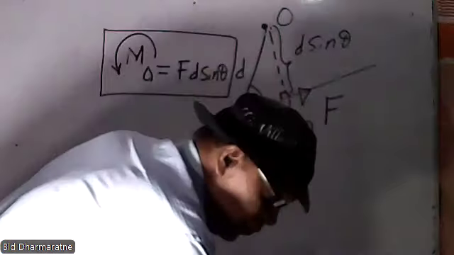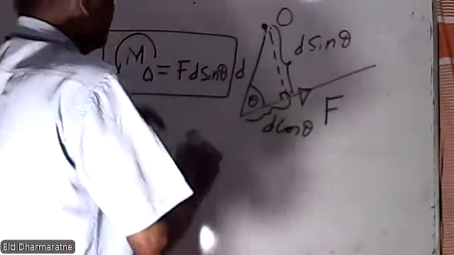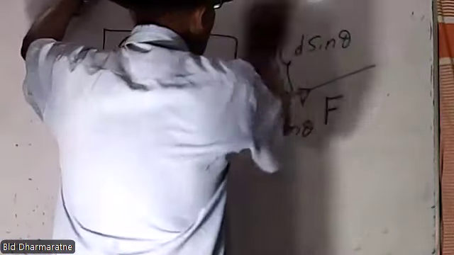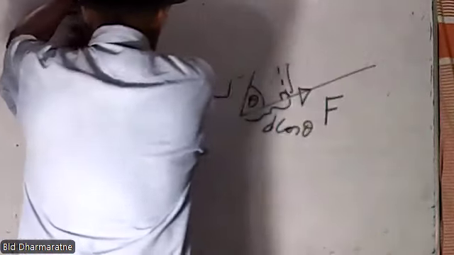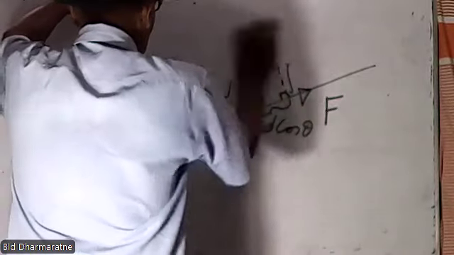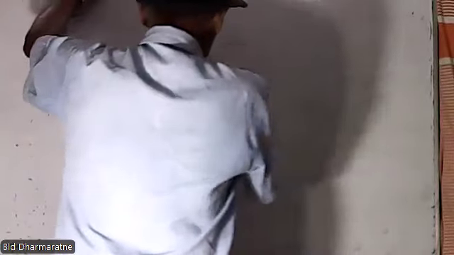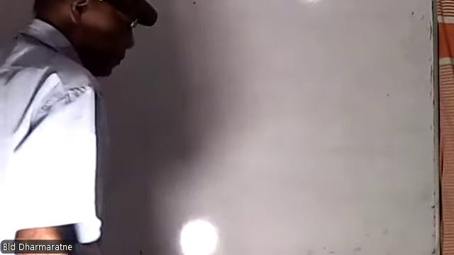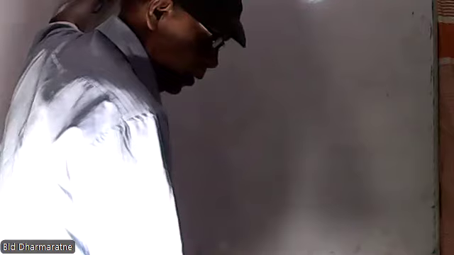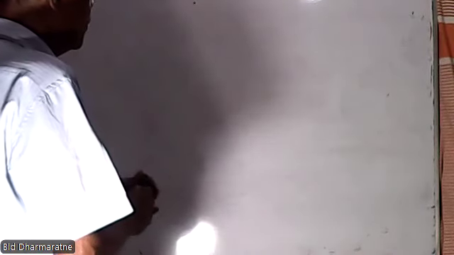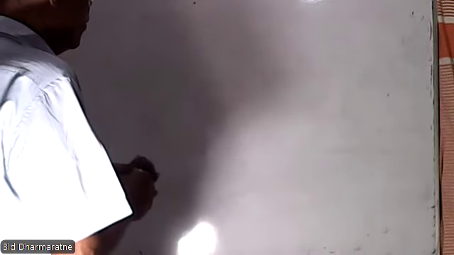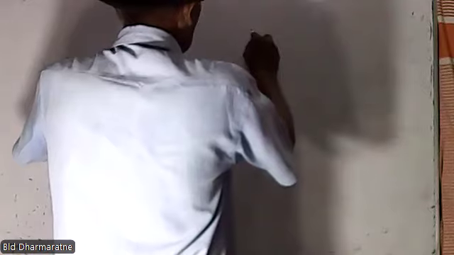Now we get to various types of force systems. First we take squares, and thereafter triangles and hexagons also.